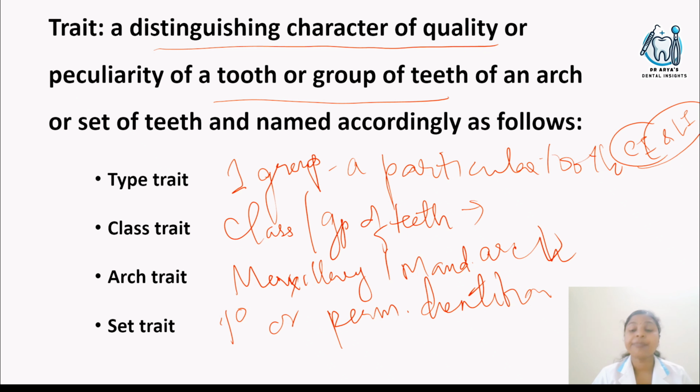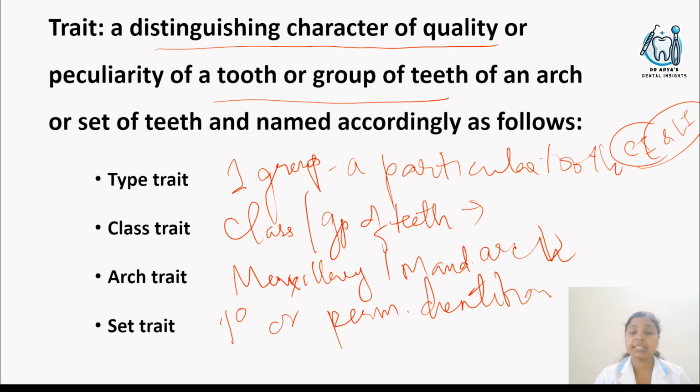What is a trait? It is a distinguishing character, quality or peculiarity of a tooth or group of teeth of an arch or set of teeth. Type trait is a particular character of a particular tooth in one group, for example central incisors and lateral incisors. Class trait is a character for a class or group of teeth, that is incisors, canines, premolars and molars.